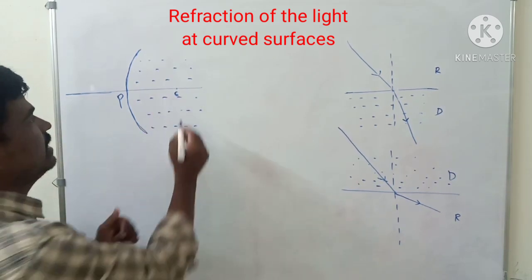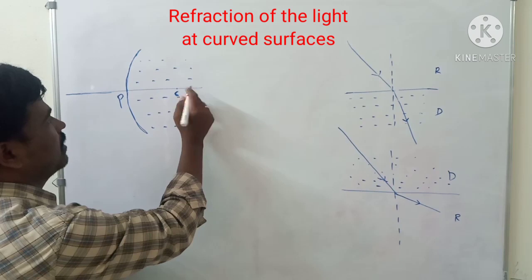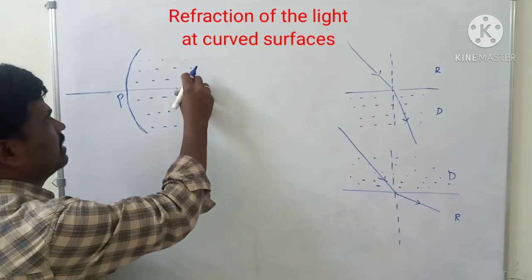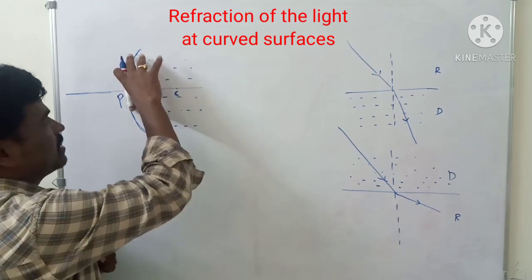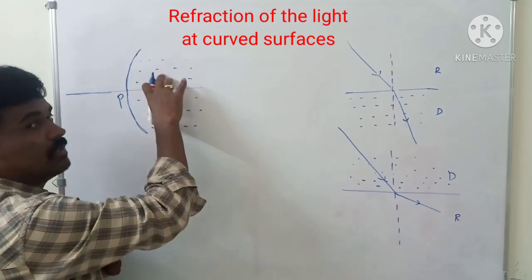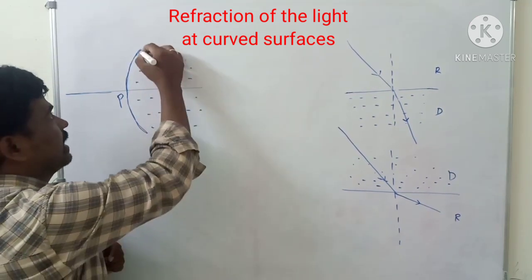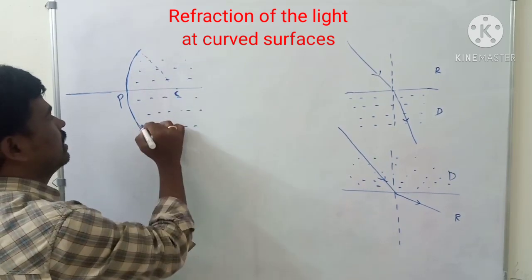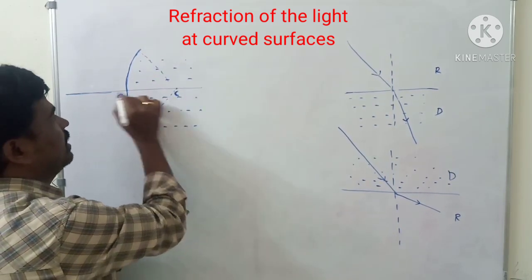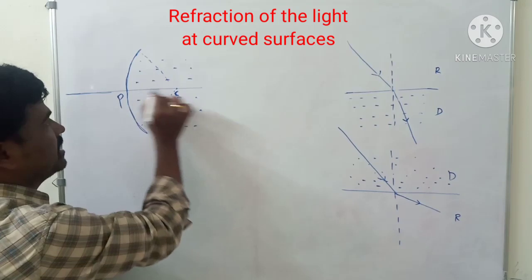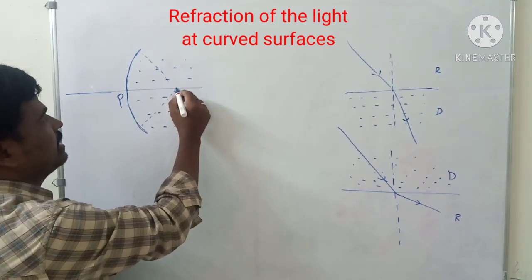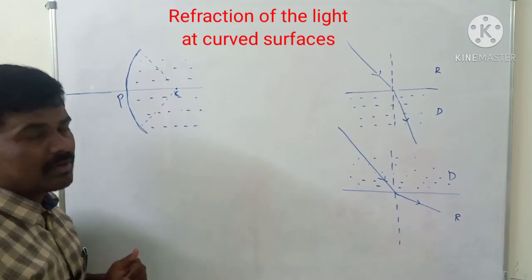So what is the center of curvature? How can we define it? All normals coming from the curved face intersect at some point on the principal axis. This is called the principal axis. That point is called the center of curvature.